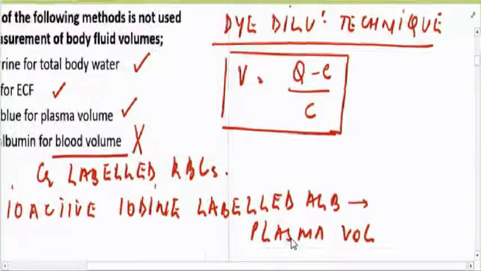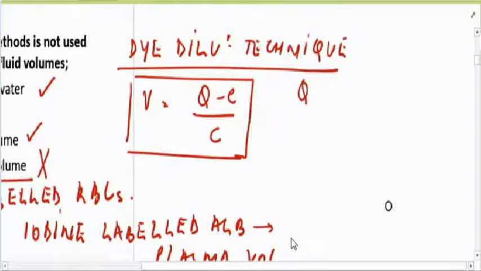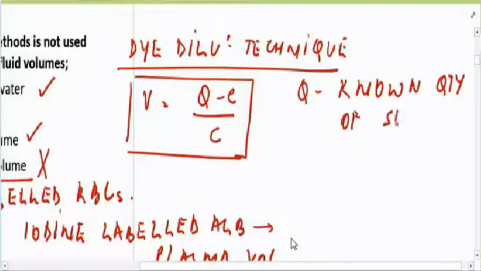Q is the known quantity of a suitable dye which is used for the determination of that body fluid compartment.